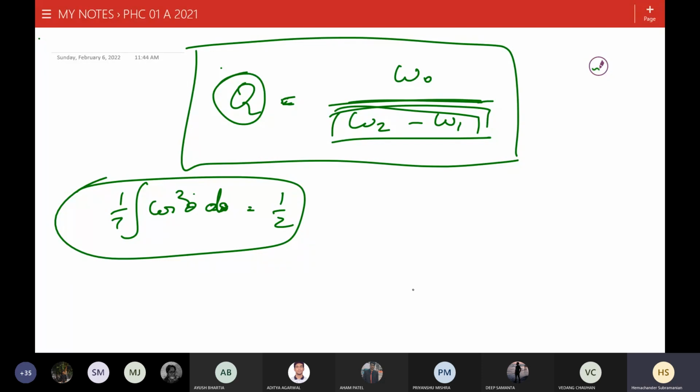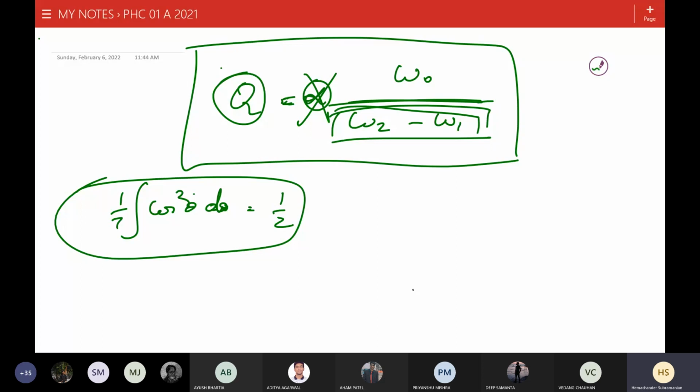If you define the bandwidth as 1/4 of P average, then there will be some alpha factor here that you'll have to multiply. If you don't want any factor, you better define this as half of the P average. So half is a reference point. It's not arbitrary. There is a reason for half, but you can have any factor.